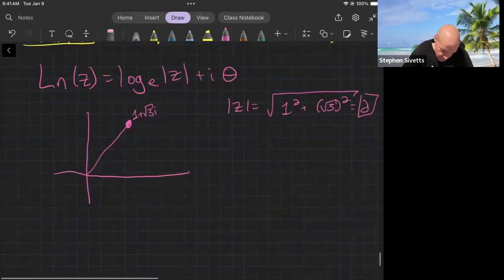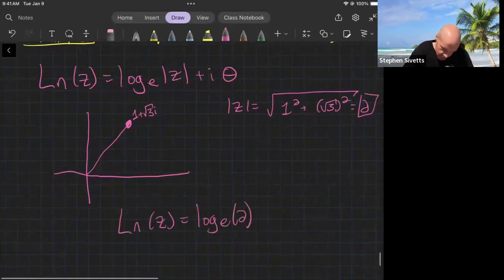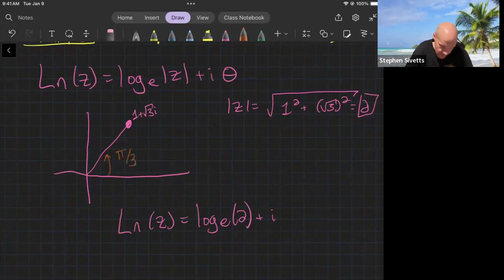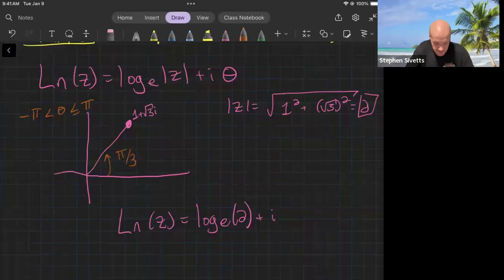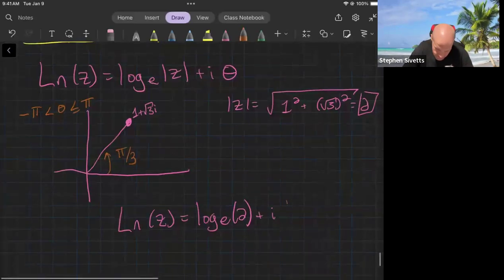So we'll have capital Ln of z equals log base e of 2 plus i times, you know what the angle is? Well, if you guess pi over 3, you are correct. So that's the principal angle, right? We want the angle theta to be in between this range, right? So in this case, it's i times pi over 3.